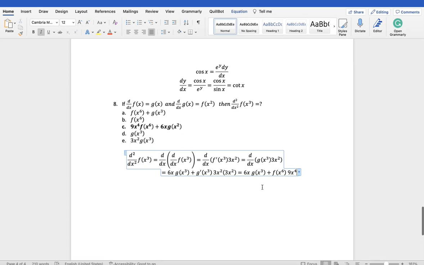I think it was meant to be g of x cubed there. But that's the correct option, and you can only choose what's given to you there. So this is the final answer that you should get. Are there any questions here?